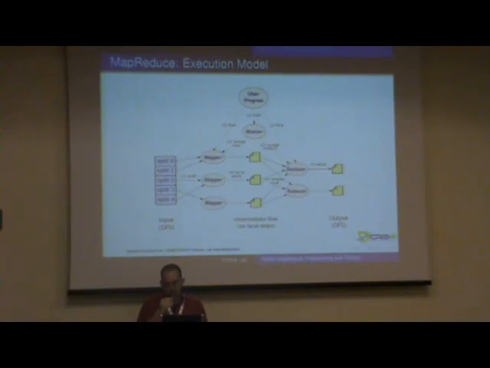Then splits are given as input to mappers that perform what they need to do in the map function and write intermediate key value pairs to the local disks. Reducers remotely read the key value pairs from the disks where mappers store them, perform the reduce function, and write the output back to the distributed file system.